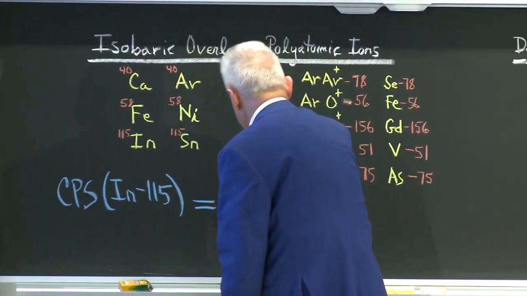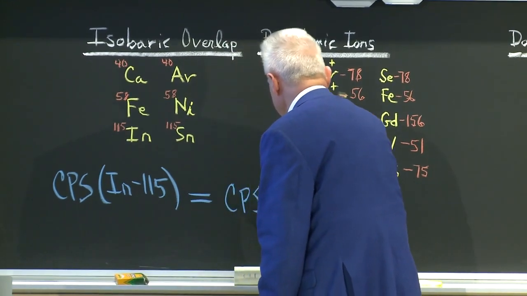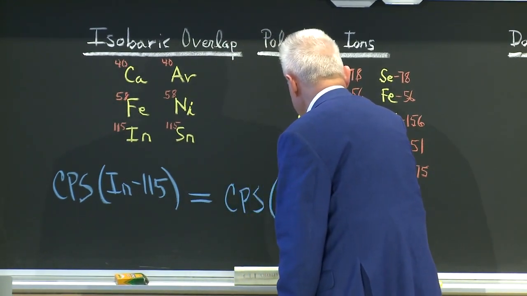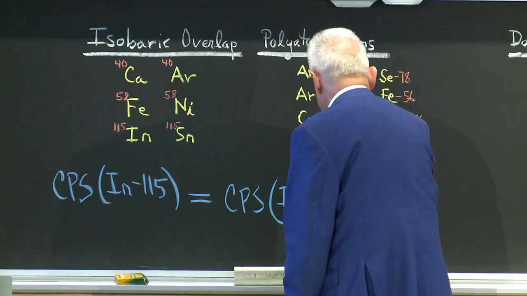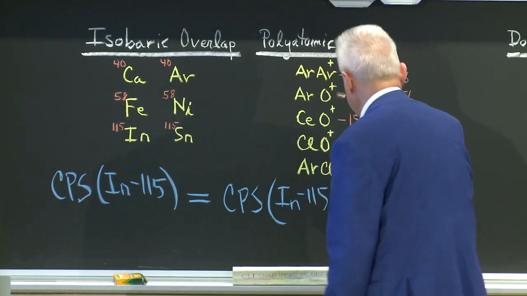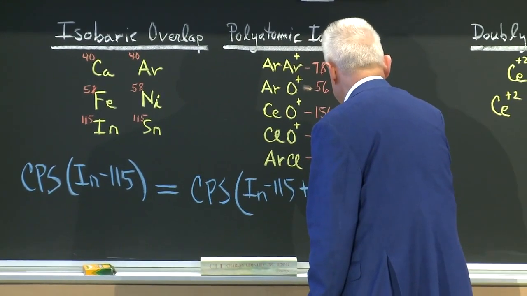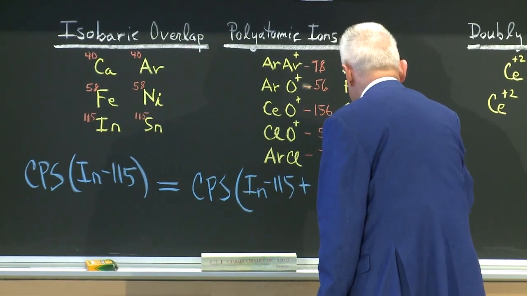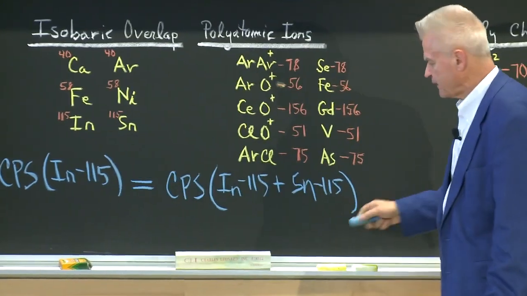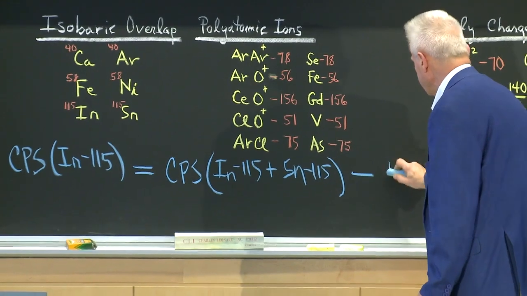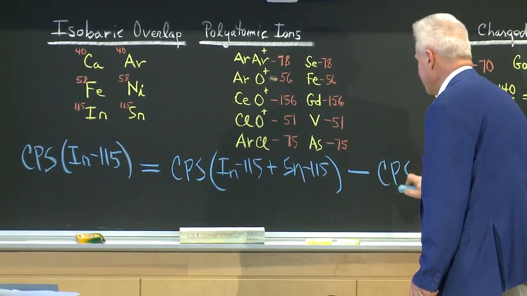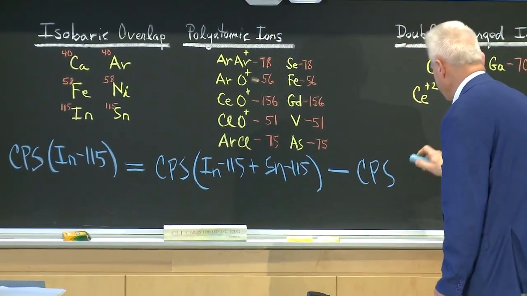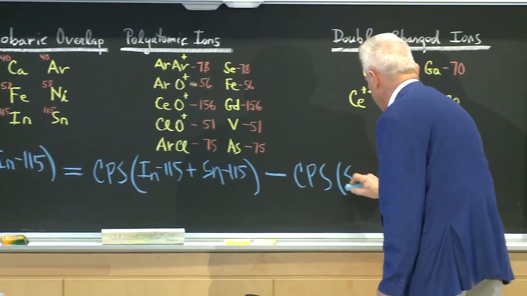And we take the counts per second of everything, which is the indium 115 plus the tin 115. That's the total counts we're seeing. And then we subtract the counts per second of the interferent.